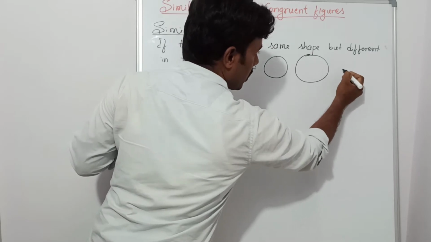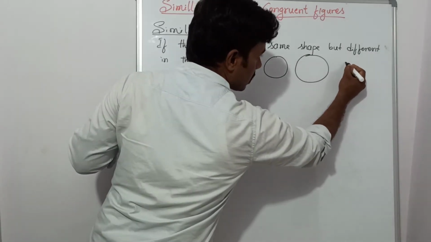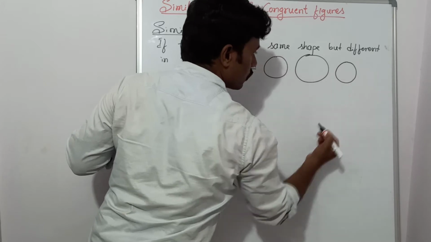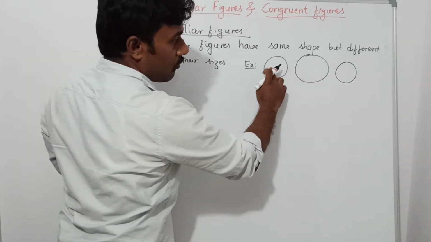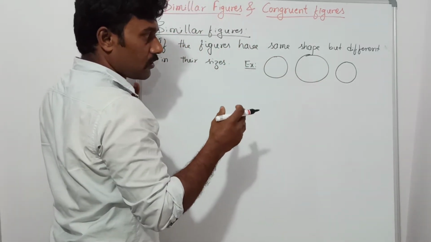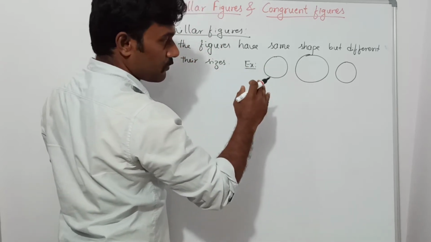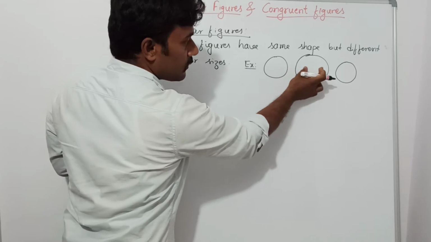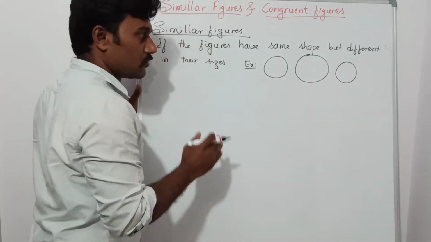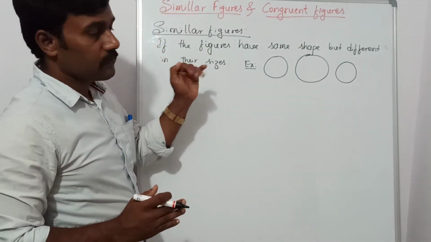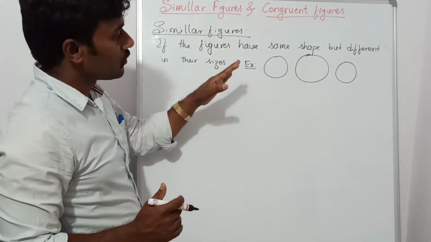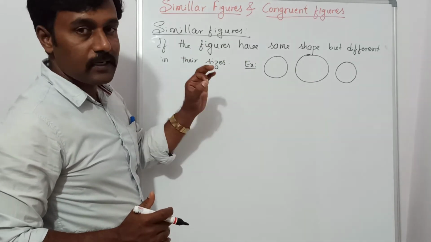Then if you again decrease its radius, then it is too small. So all three circles look like the same shape. They have the same shape but different sizes. So this shows similar figures. Example for similar figures: circles with different radii.